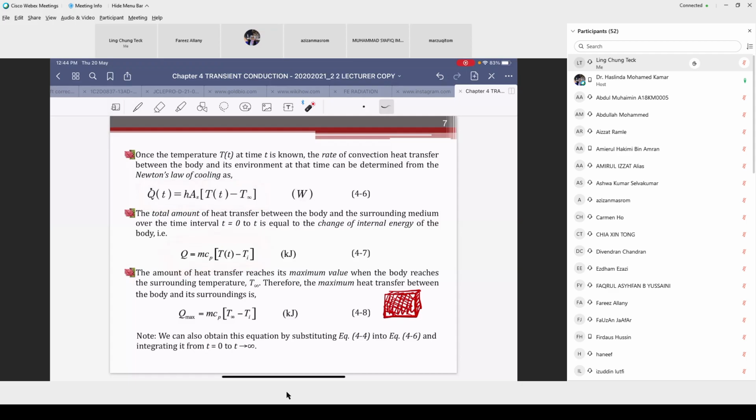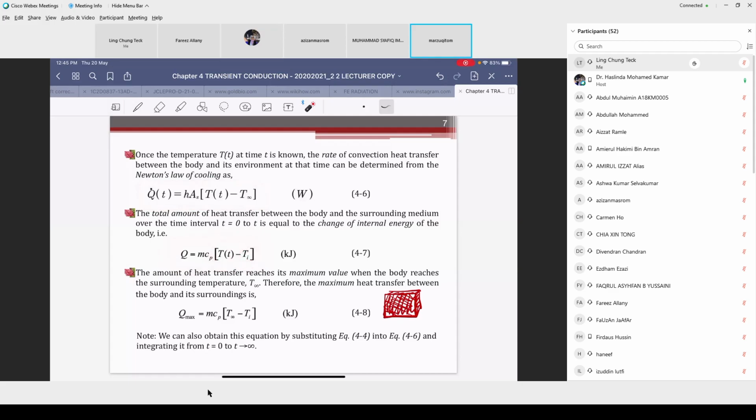Okay, what about this? The total amount of heat transfer between the body and the surrounding medium over the time interval t equals 0 to t is equal to the change. This one is the heat transfer from the initial condition to the time that we are considering, a certain time.